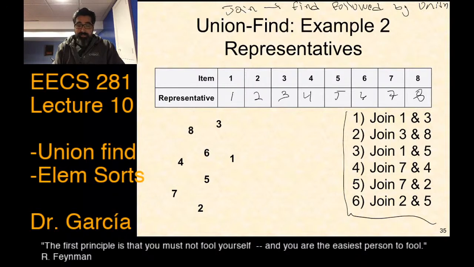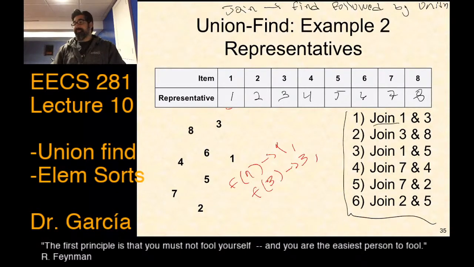So let's go over a quick example of this. In the first operation, where we're trying to join 1 and 3, I would do a find on 1, which would just tell me that the representative is 1, right up here. And then also do a find on 3, and that tells me that its representative is 3.